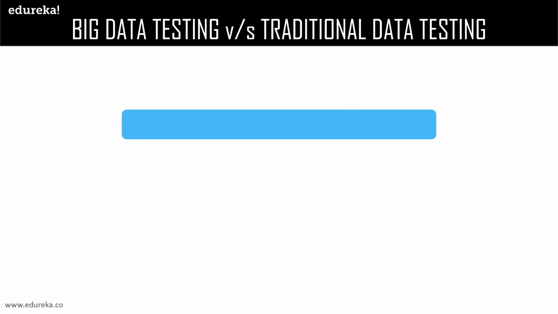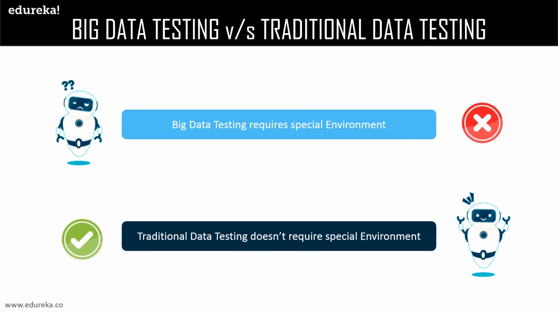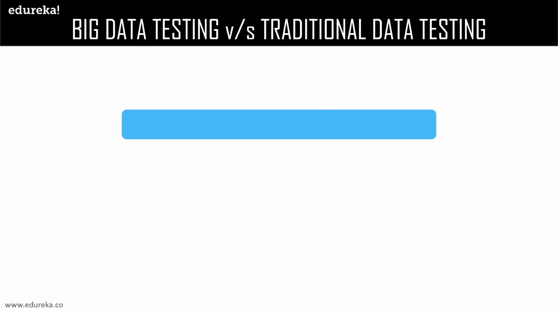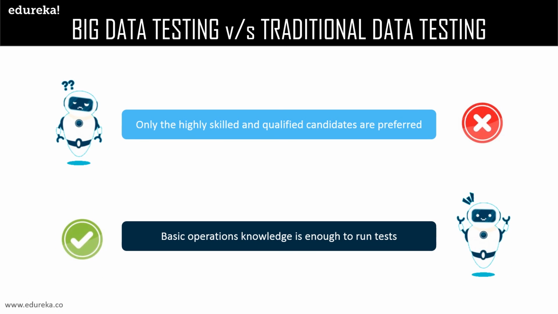Followed by the third difference, we shall enter the fourth difference, which says big data testing requires a special environment, whereas the traditional testing doesn't require any kind of special environment. So now we shall enter into the last difference, which says only highly skilled and qualified candidates can perform big data testing, but when it comes to traditional testing, the basic operations knowledge is enough to run the tests.